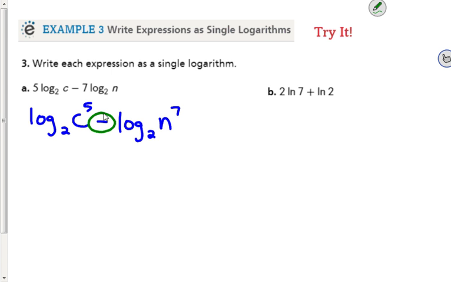Since I'm subtracting here, I have to recognize that the quotient property subtracts the two logarithms. So I can rewrite this as the log base 2 of the first, c to the 5th, divided by the second, n to the 7th.